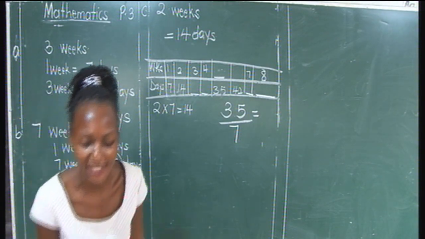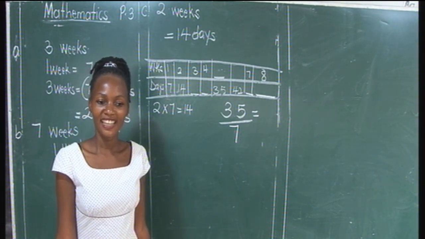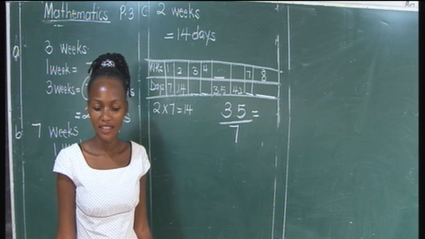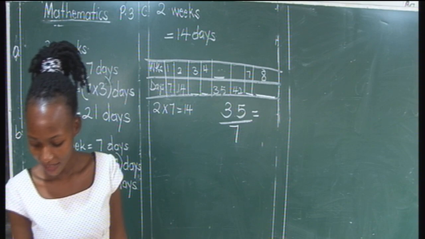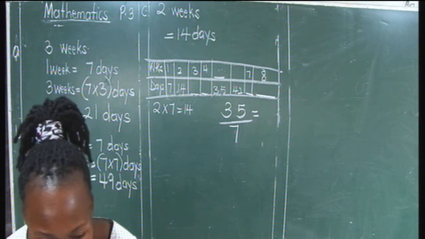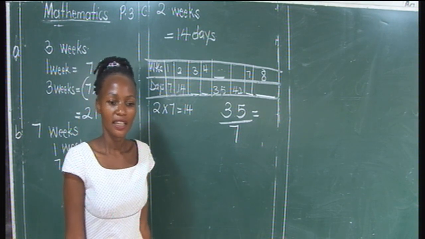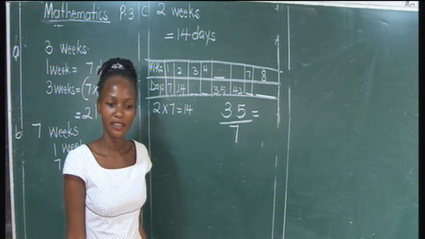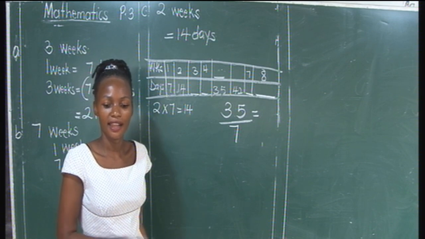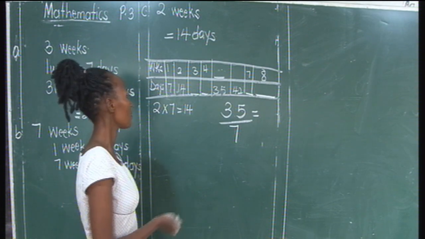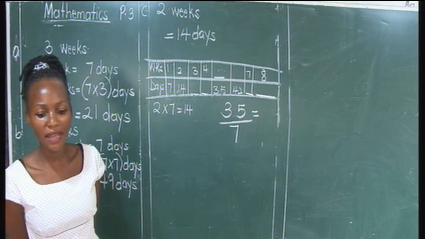35 divided by 7. What do you get? Yes, Anna? That 5 divided by 7.